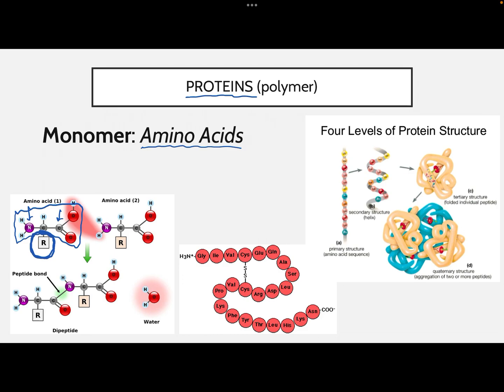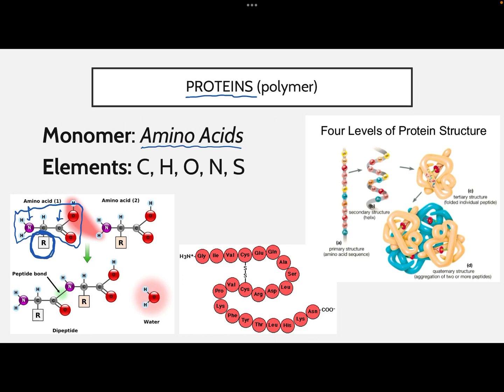And there's actually 20 different kinds of things that can be attached to the main body of an amino acid, and those 20 different things are what allow for the great variety in types of proteins. So there's 20 different functional groups that can be attached to an amino acid, but all amino acids have the same top part.